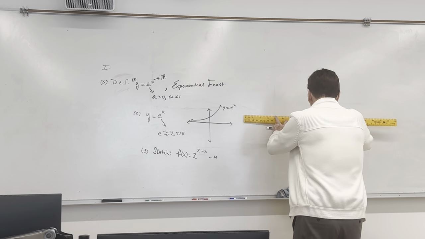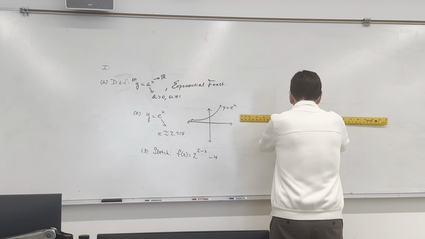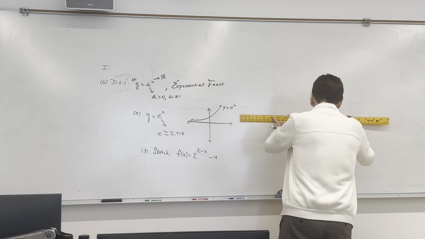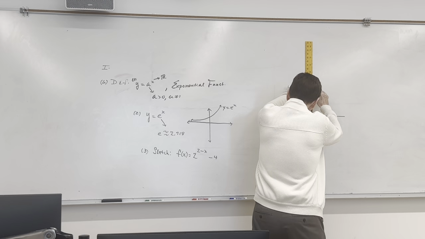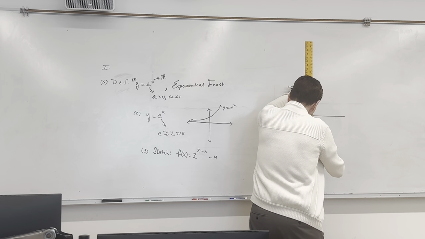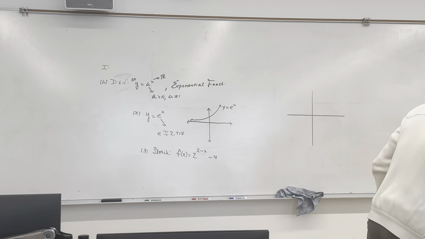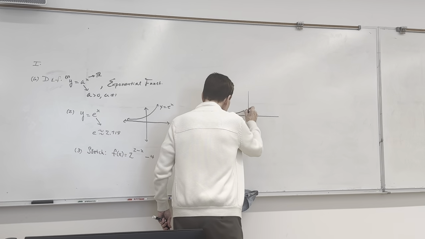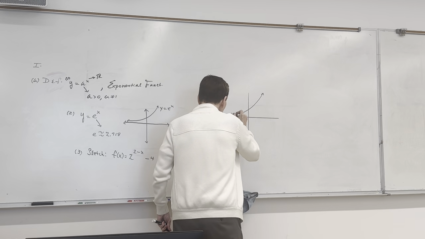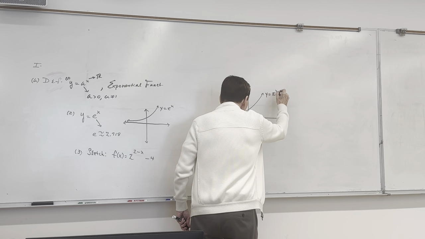And the parent graph here will be merely 2 raised to the x. And that should take the same shape as that e raised to the x we saw earlier. So something like this. And I'll label that this represents 2 raised to the x.